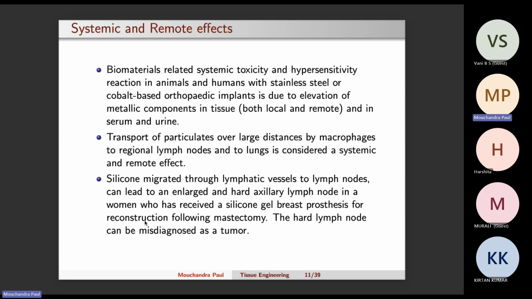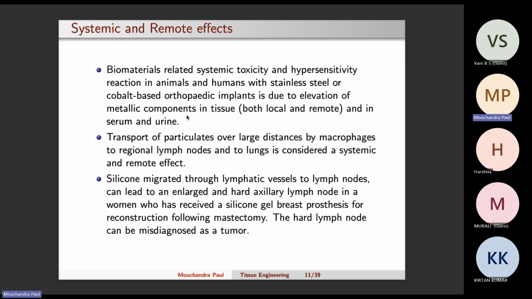The biomaterial related systemic toxicity and hypersensitivity reaction in animals and humans with stainless steel or cobalt based orthopedic implants is due to elevation of metallic components in tissue, both local and remote, meaning systemic, in serum and urine. So the toxicity can arise because of, say, erosion of the stainless steel and cobalt based implants, and because of this erosion the metallic components appear in the local tissue environment and in other parts of the body.